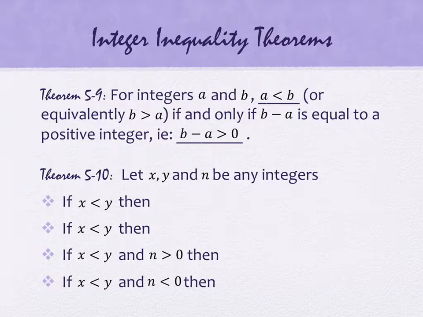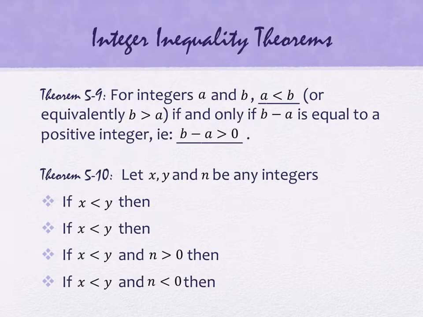All right, so inequality theorems. For integers a and b, a is less than b, or equivalently, b is greater than a, if and only if b minus a is equal to a positive integer, i.e. b minus a is greater than 0.